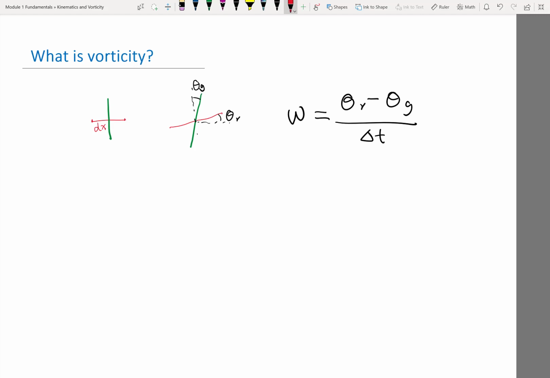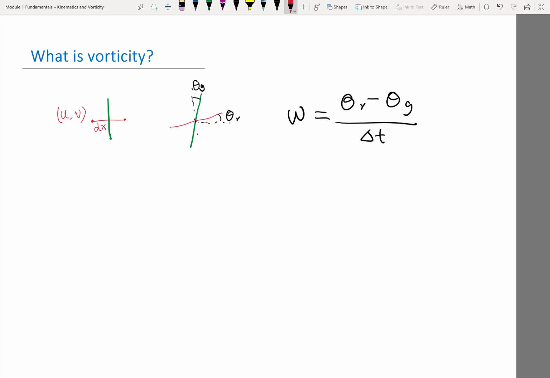Then how much does it actually tilt if we have a velocity field? All right, so let's imagine the velocity field here is u, v, right? So u is the velocity in the x direction, v is the velocity in the y direction.